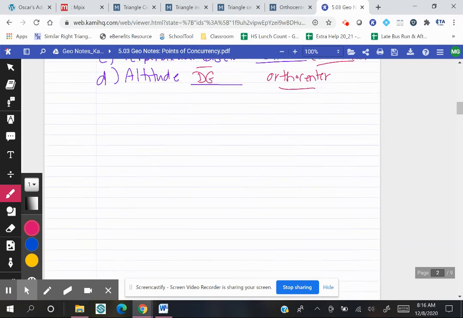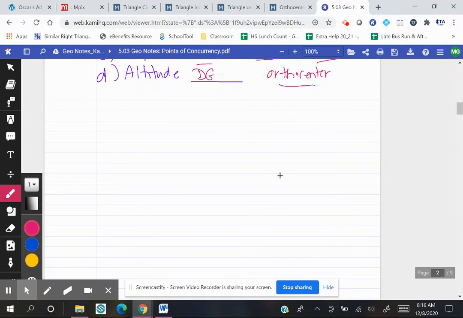All right, so again, we're going to focus on the centroid now.